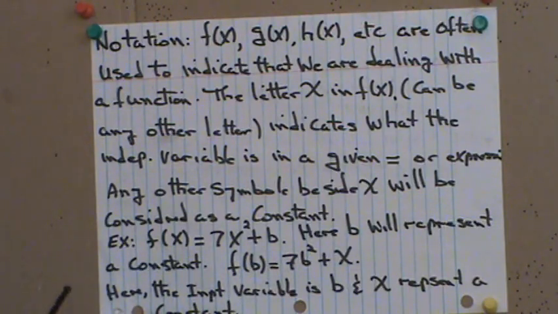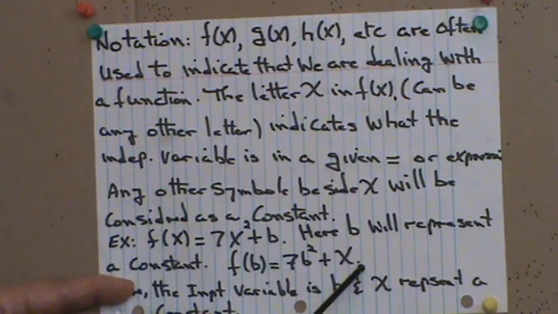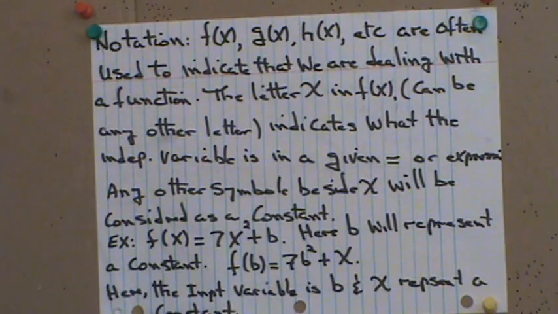Now look what happens. Instead of writing f of x equals 7x squared plus b, if I say f of b equals 7b squared plus x, if I write it that way, then the b will be the independent variable and the x will be the constant. So they are all dummy letters of the alphabet. They are just dummy symbols.